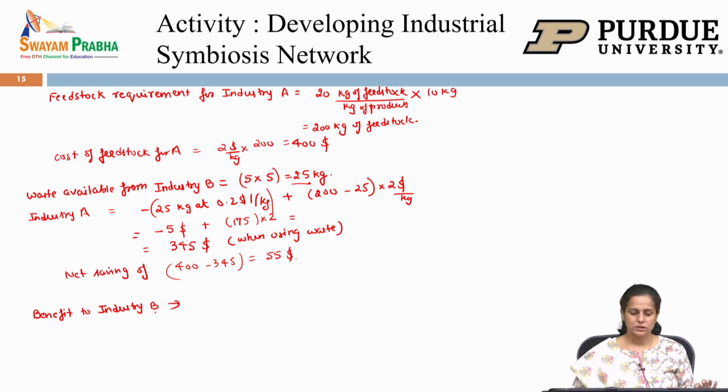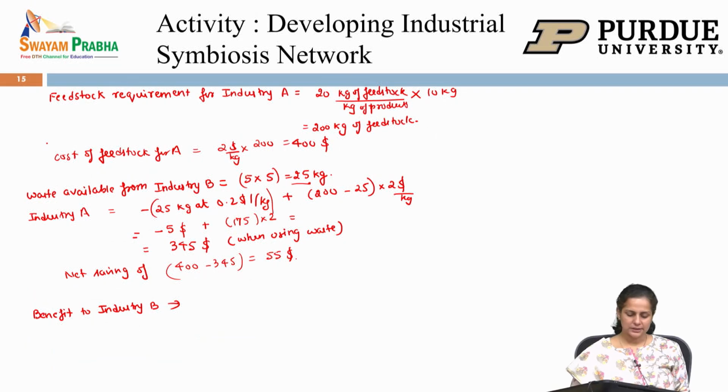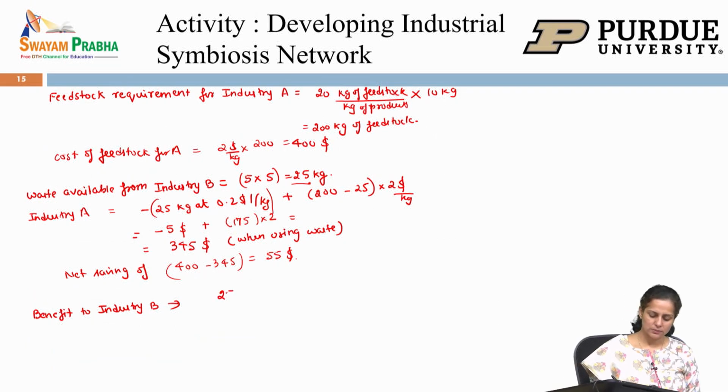Industry B pays $1 per kg for waste disposal, which means that initially it was paying $25 to dispose, and now the new cost to them is only about 25 into 0.2, which is about $5. So, the net benefit to industry B is about $20.